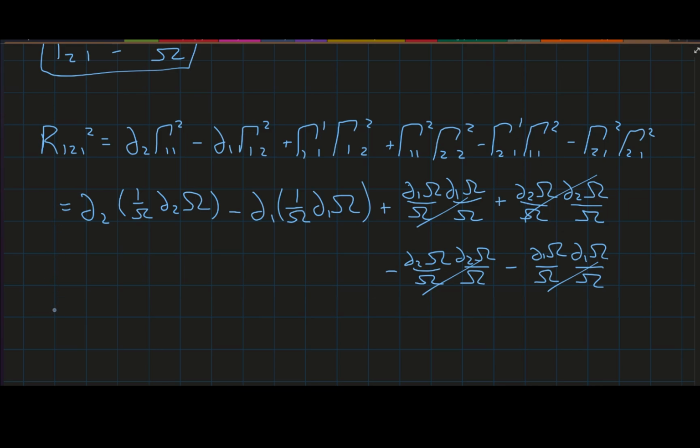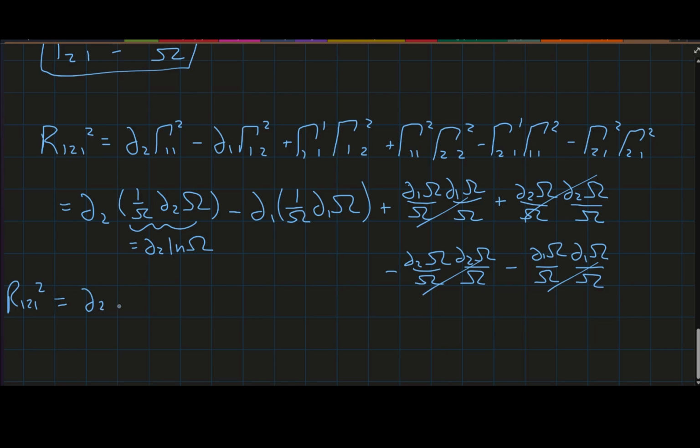So there's a number of ways to do this, but what we can think about is rewriting these terms in the brackets in terms of a natural logarithm. So this is actually equal to d2 of ln omega, if you think about it, because this will give you 1 over omega times d2 of omega. So let's rewrite our Riemann tensor now to be like this.